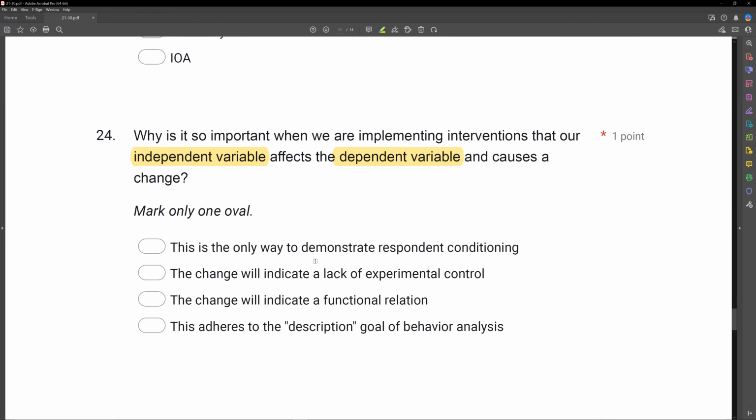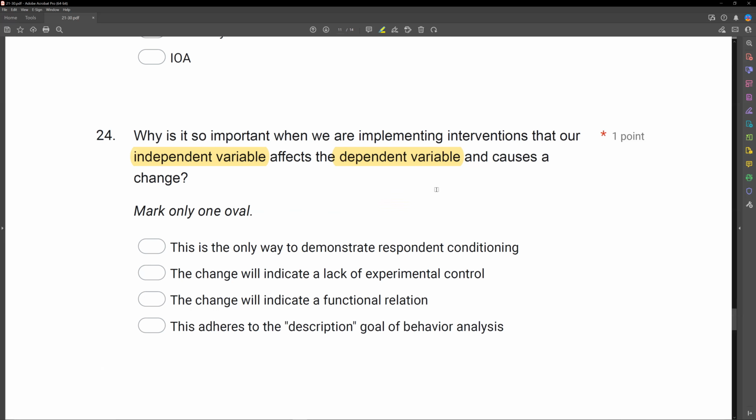A, this is the only way to demonstrate respondent conditioning. Doesn't make sense. If you get an answer choice that makes zero sense, it's probably because it doesn't. This has nothing to do with respondent conditioning. B, the change will indicate a lack of experimental control. Now, careful. Do we have a lack of experimental control if our intervention is changing the behavior?